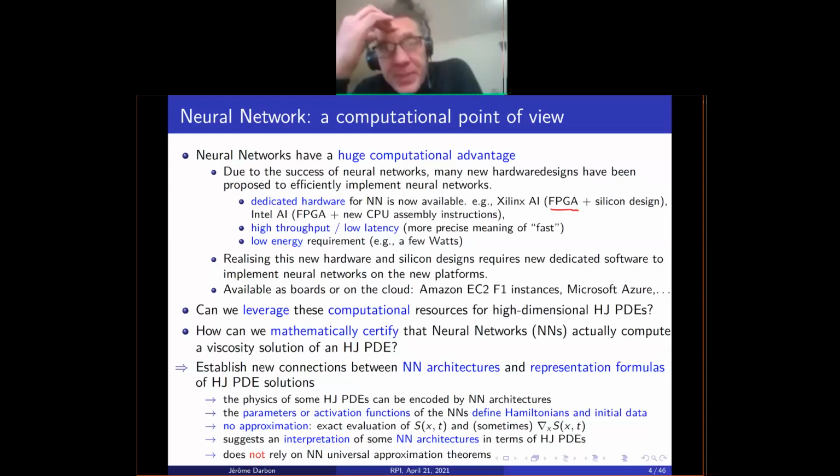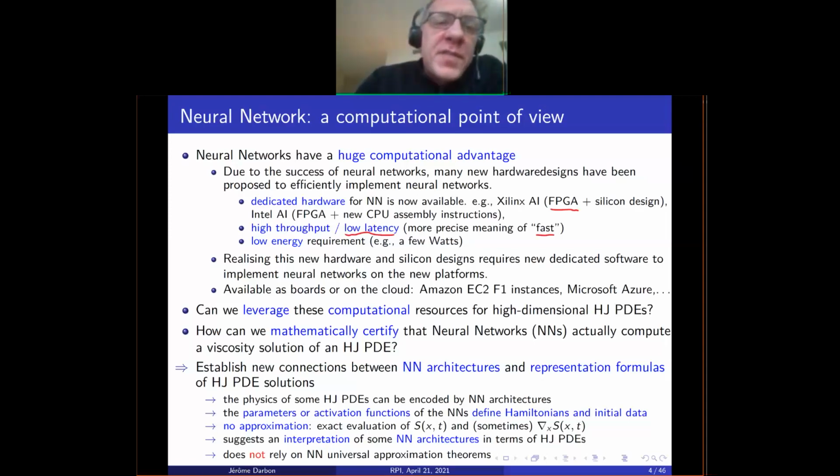using those new chips. What you gain by using this new way of doing computations is that you have a more precise meaning of what is fast. You can reduce the latency of the computation, which means you can reduce the amount of time you need to wait to get an answer, or you can also increase the throughput, which is the quantity of evaluations you get per second.